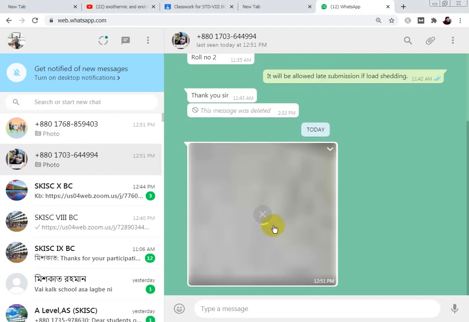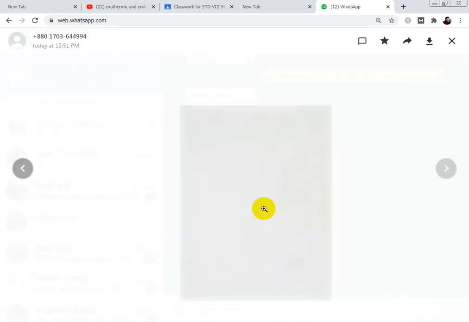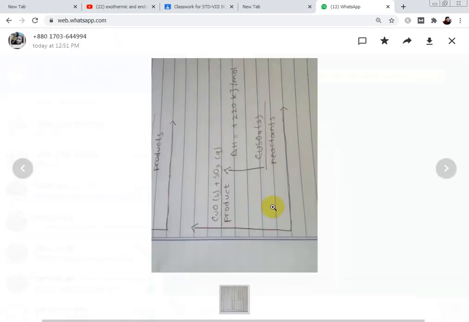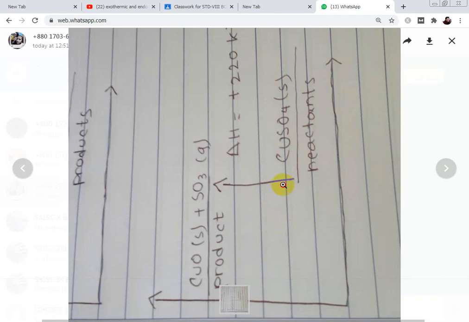Okay, already two students have submitted this. Yes, you have drawn it, but there's a problem here. This is an endothermic reaction, so reactant energy is lower than product energy.